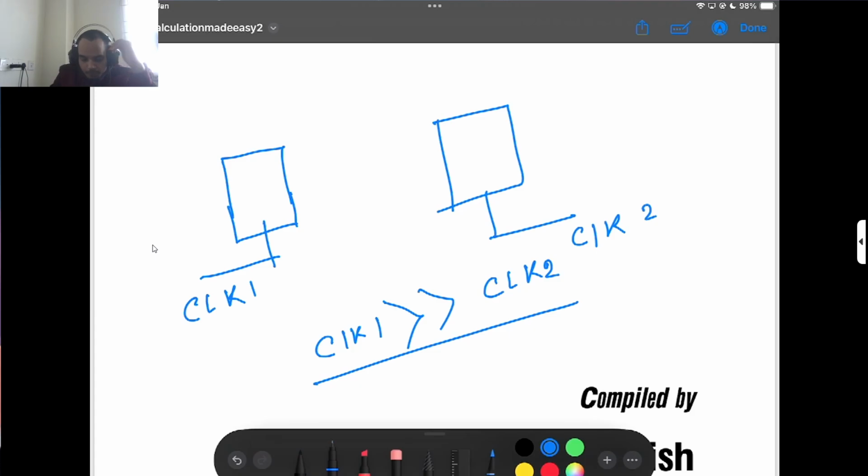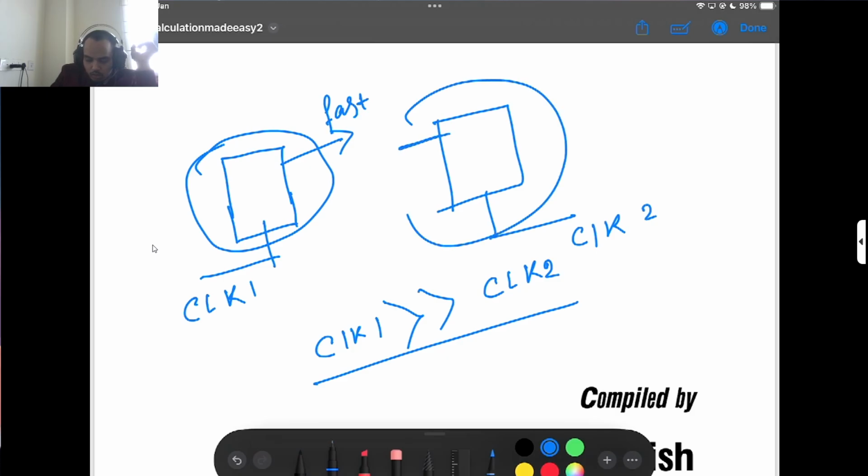So what happens? This block delivers the data fast, but this block can't receive the data at the same speed, so it fails.